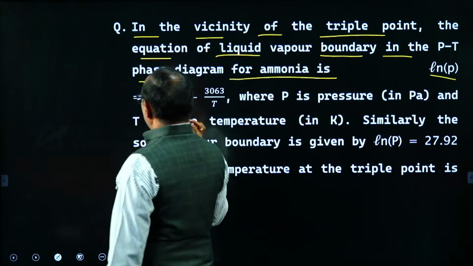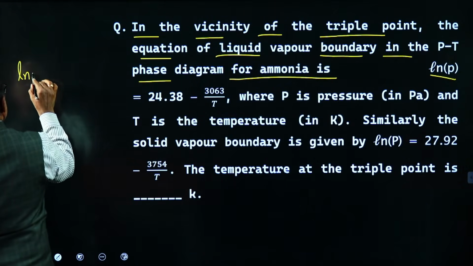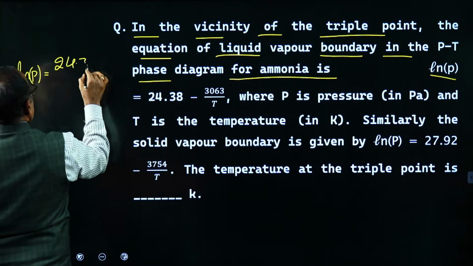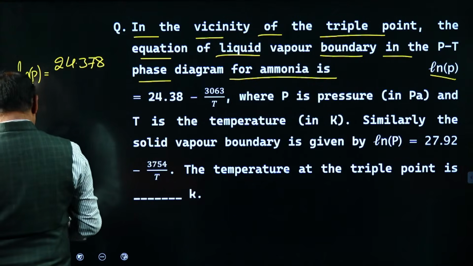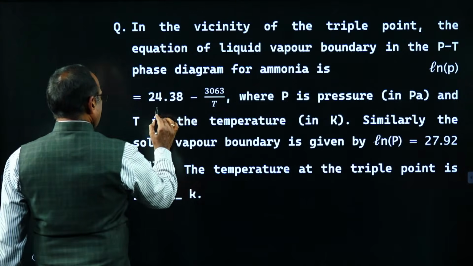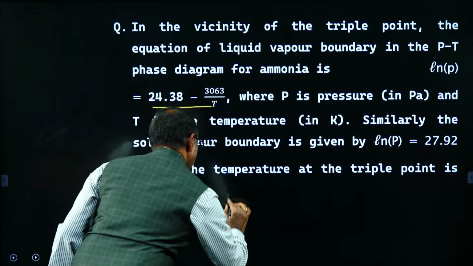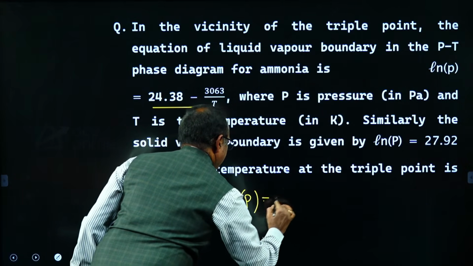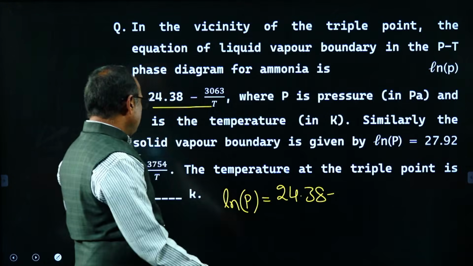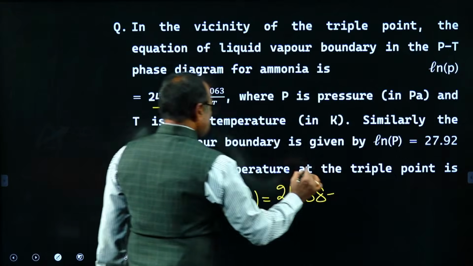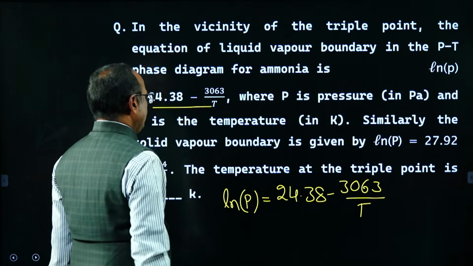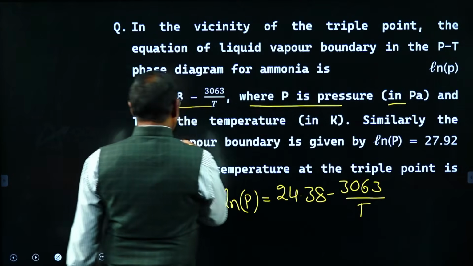ln P equals 24.38 minus 3063 divided by absolute temperature T, where P is the pressure in kilopascal and T is the temperature in Kelvin. We should be very careful while we are discussing in the limited space.